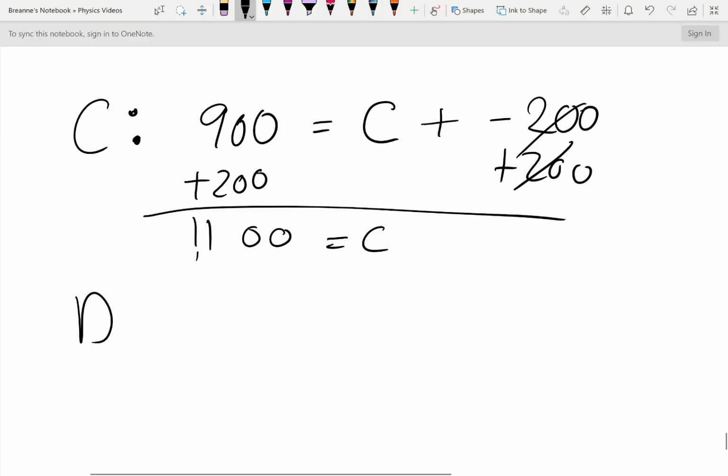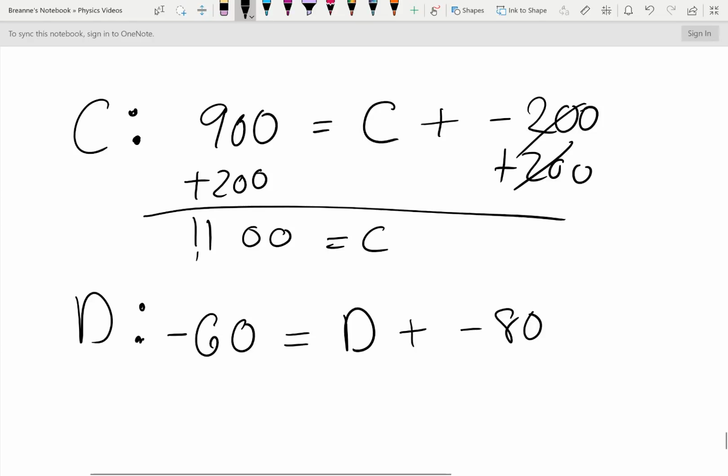For D, it says your net force is 60 to the left. You're only worrying about the forces in the X direction, so only the 80 and the D. Your net force of 60 is negative because it's going to the left, and that equals D plus negative 80 because that's going to the left.